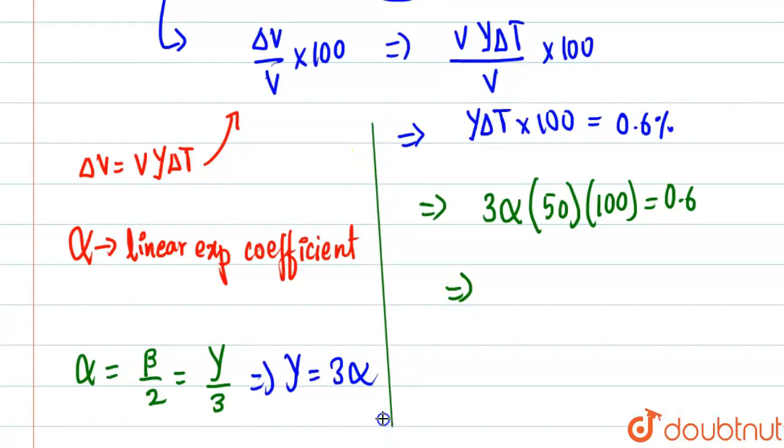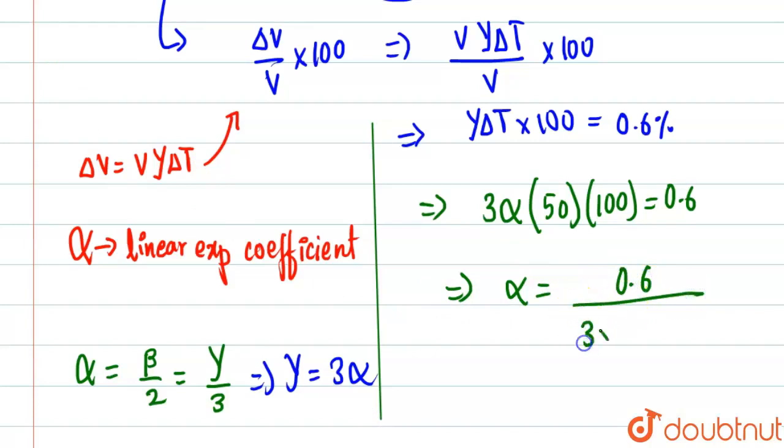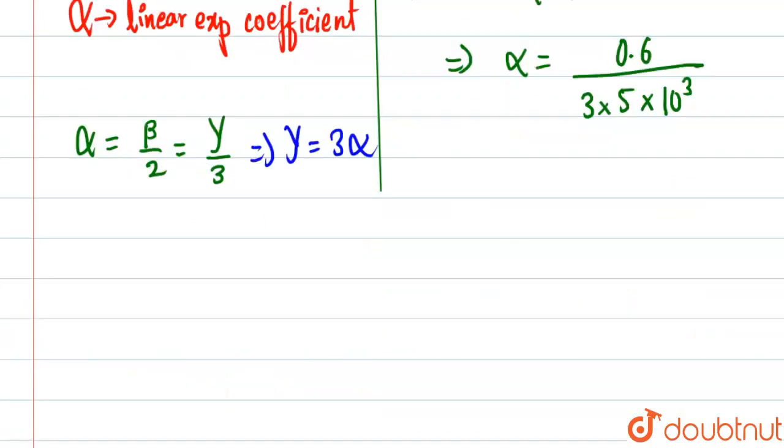Let's draw this division so that you don't get confused. Now alpha will be equal to 0.6 divided by 3 into 5 into 10 to the power 3. If you cancel it with 3, it will be 0.2 by 5, and you can write 2 by 5 into 10 to the power minus 4.